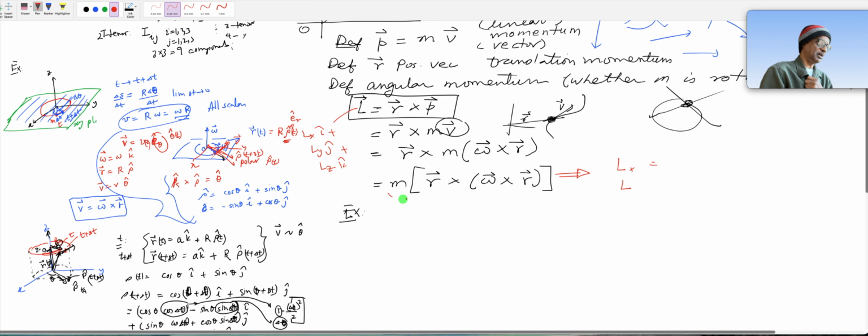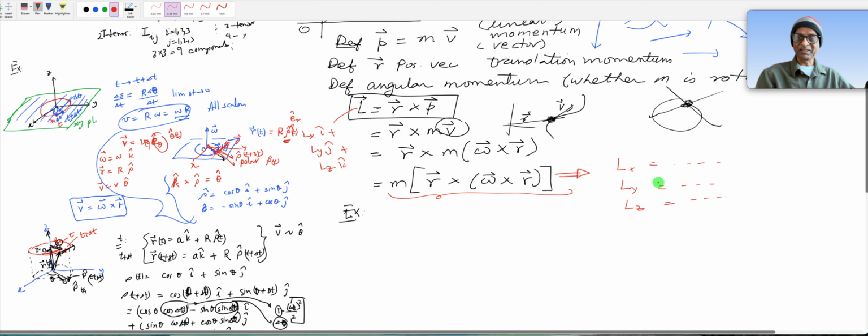If I do the same thing over here, break it up like that, what will the Lx formula be, or the Ly formula, or the Lz formula? Maybe you can work it out if you feel up to the challenge, rather than do a simple problem and then work it out.